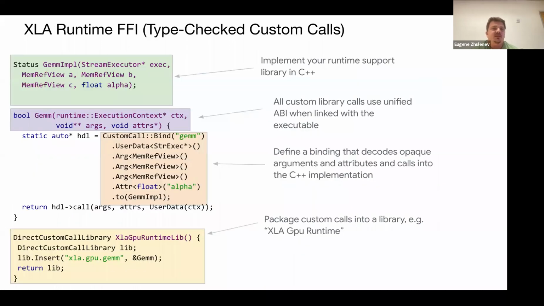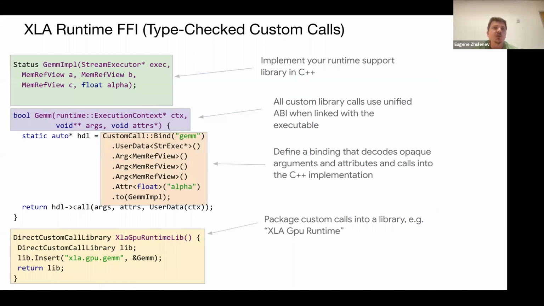So that's roughly how it looks. The first function on the top, the green one, is your C++ function with C++ types. Then you define the binding, how to bind at runtime your gemm custom call to this C++ function. Everything is explicit, so you have to spell out all the arguments, attributes, and types of the arguments and attributes.